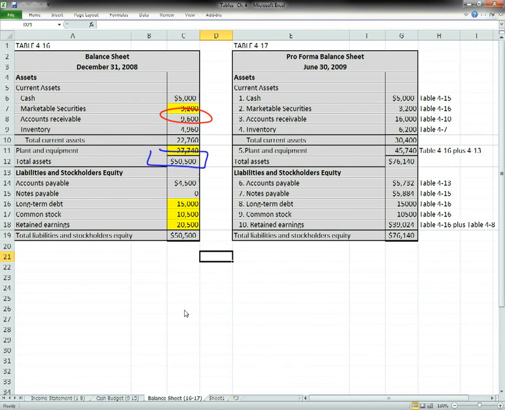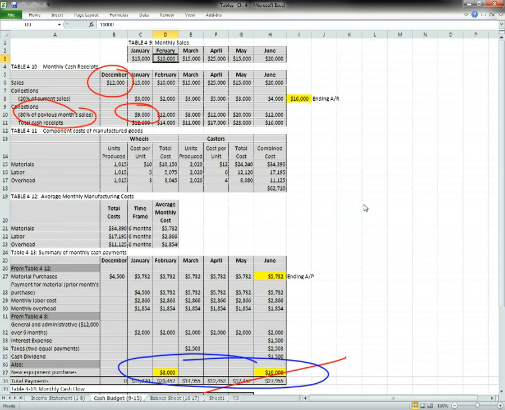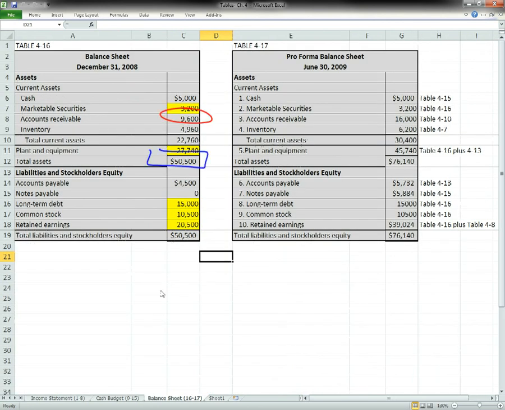Our accounts payable initially, go back to that cash budget, was $4,500, which we purchased in December. We actually paid it off in January. So we have an account payable on the liability side.